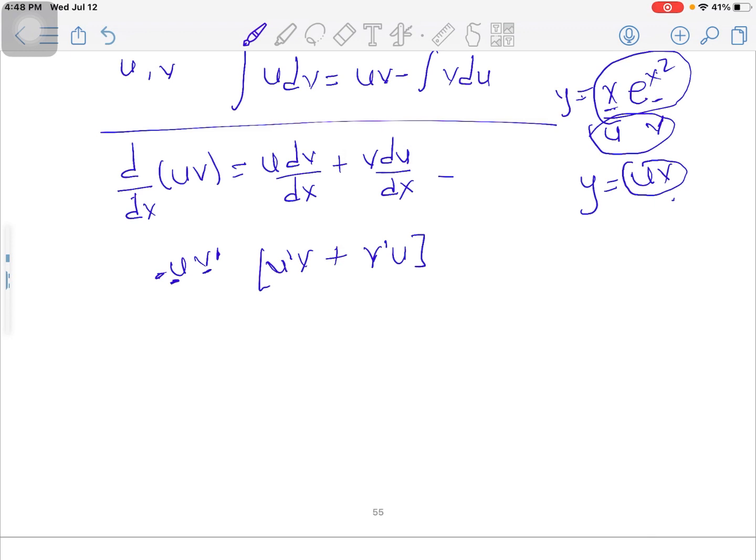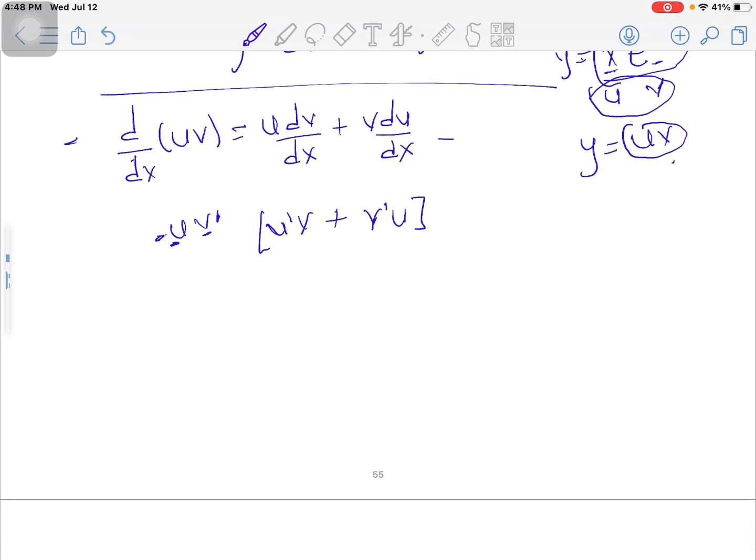So coming back to integration by parts, the formula is derived from this, and therefore we integrate both sides with respect to x. Let me write the formula here. We have d/dx of uv equal to u dv over dx plus v du over dx.